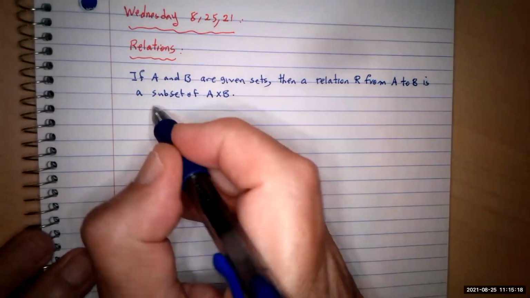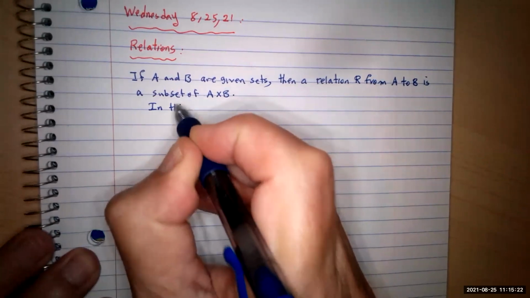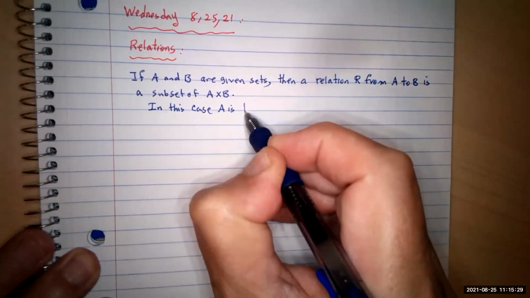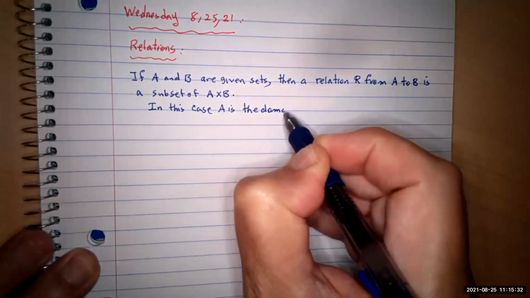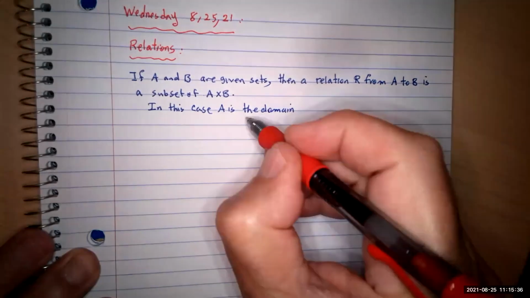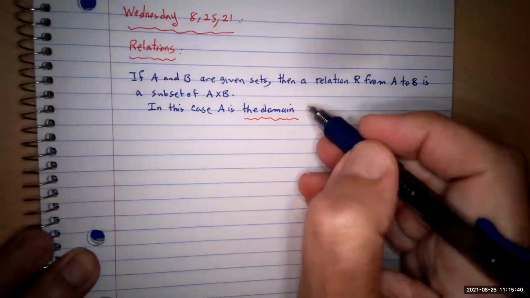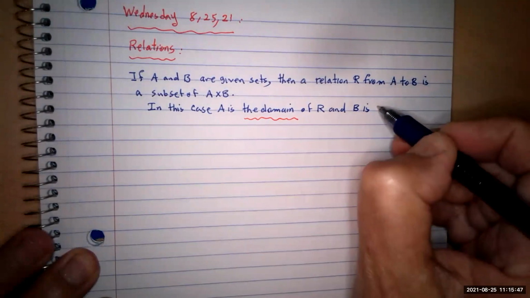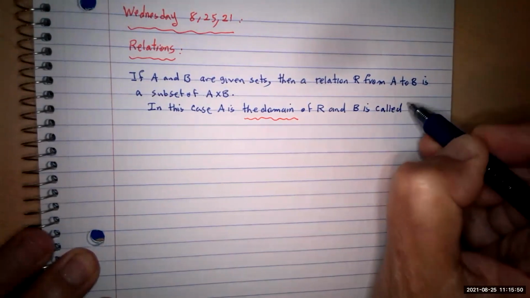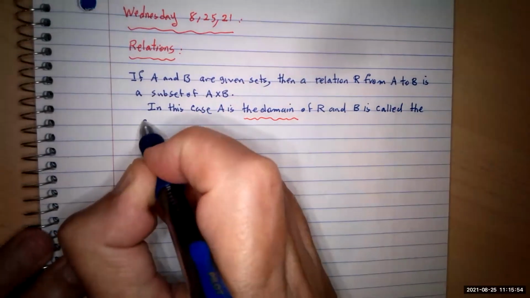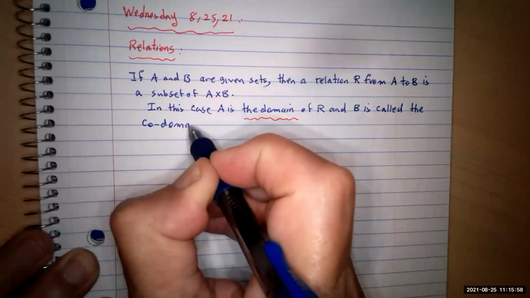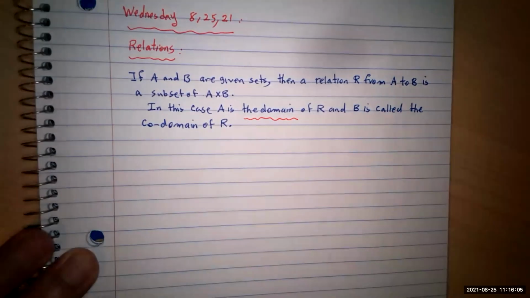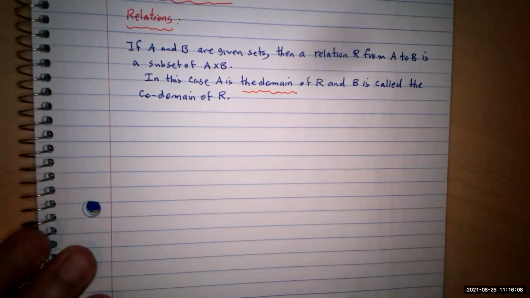So if you have this relation, A would be the domain of R, and B is called the codomain of the relation R. In order to have a relation, you need the pairs.